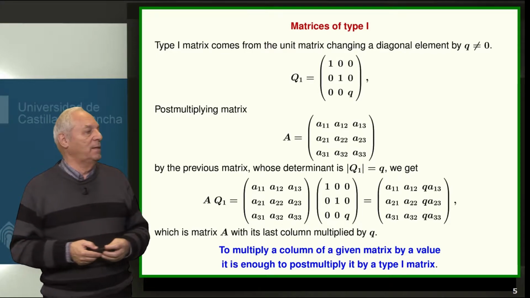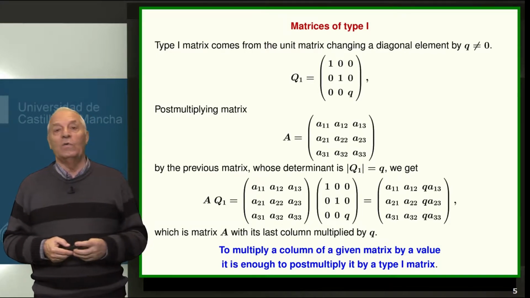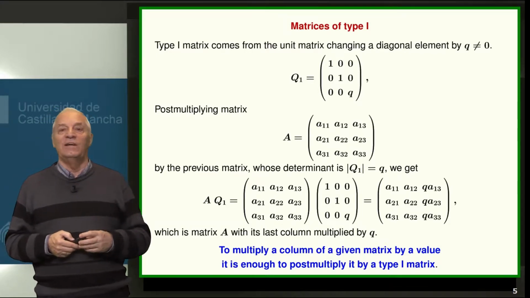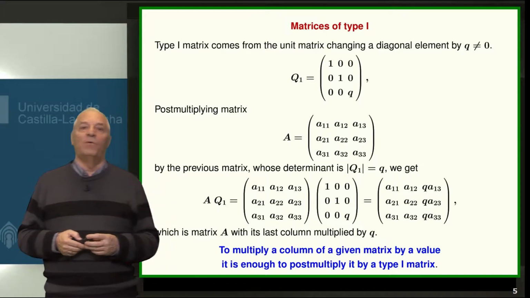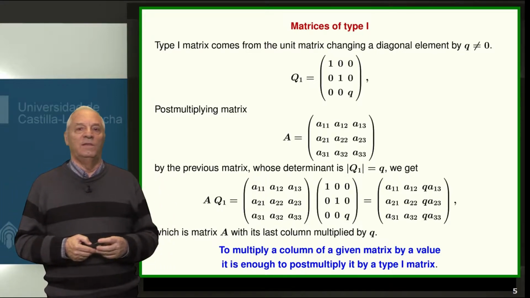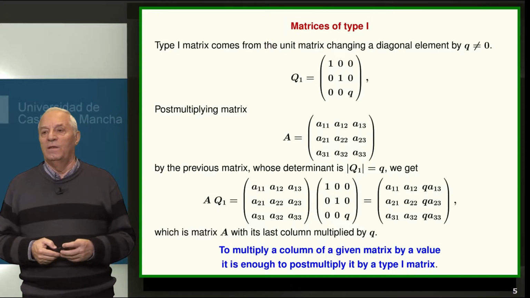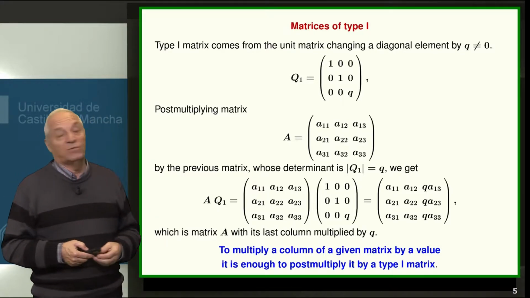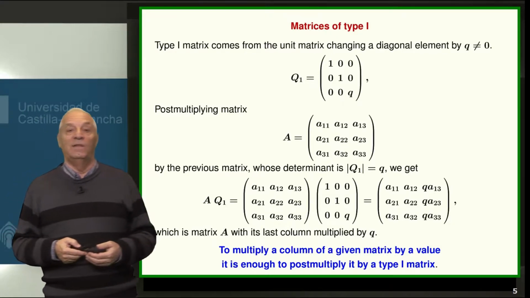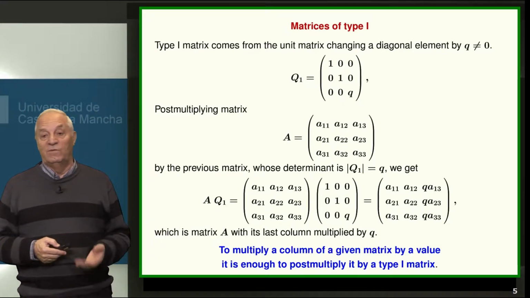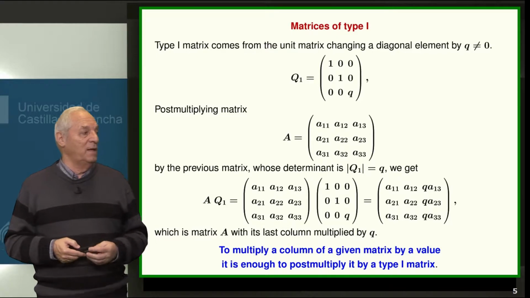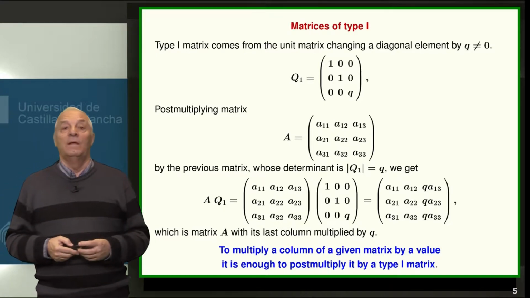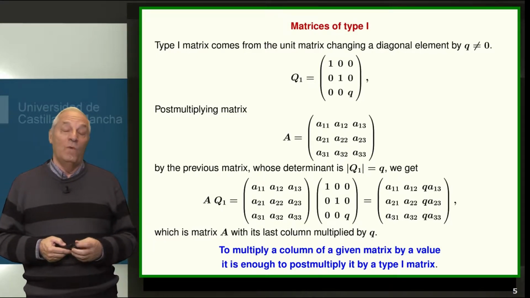So, we observe that if we multiply, from behind, a matrix by a type 1 matrix, what happens is that one of the columns becomes multiplied by the value that we have changed in the identity matrix, and the other columns remain identical. Which column is the one that is multiplied? Since we changed the third diagonal element of the identity matrix, it will be the third one.